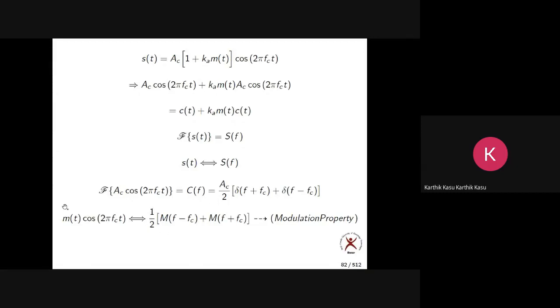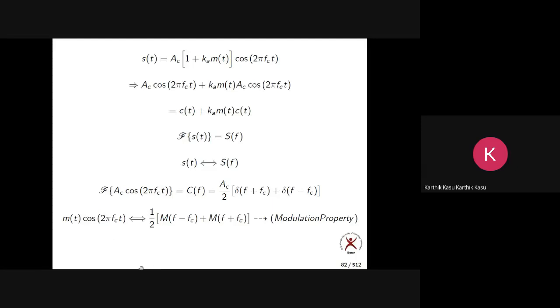Can you prove this property? Tell me the procedure. If you have studied Signals and Systems properly, there wouldn't be a problem.